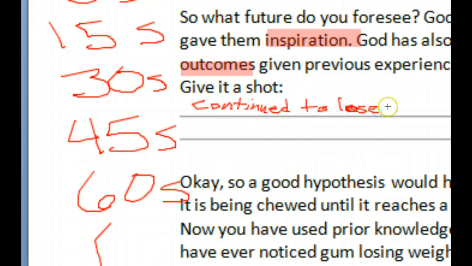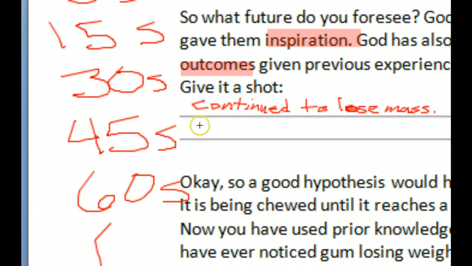If you were really on top of things, you might have also predicted that it was going to eventually plateau, right? So you've chewed gum over and over again, and you know that gum doesn't just completely disintegrate in your mouth most of the time, right? Unless you've chewed it a crazy amount and you had some cheap gum. But really, it doesn't just disintegrate in your mouth most of the time.